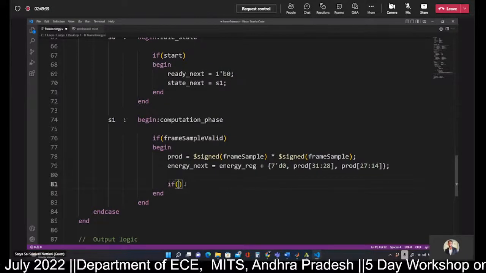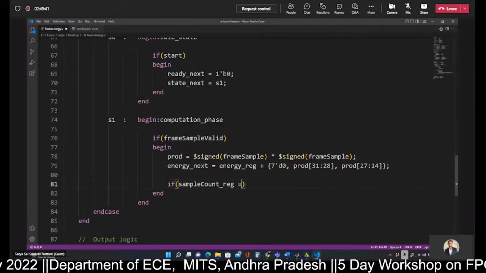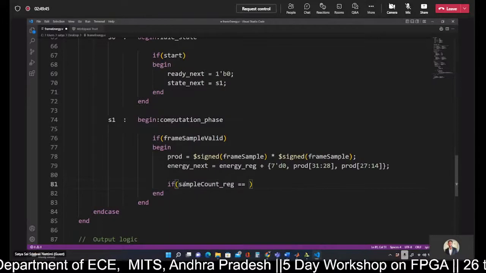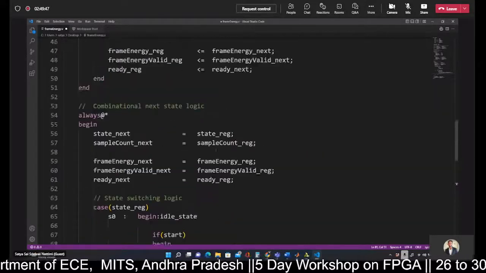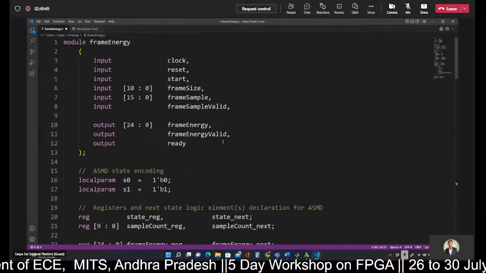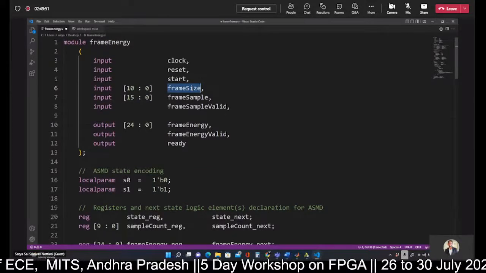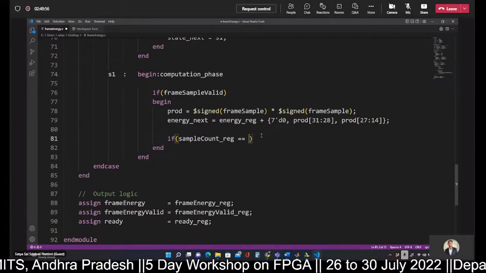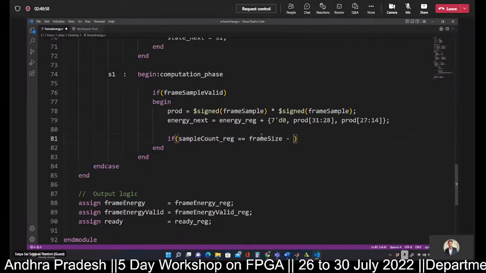That is, if sample_count_reg is equal to, what is the frame size? How do we know the frame size? The frame size is known by the frame size input. So sample_count_reg equals frame_size minus 1'b1.